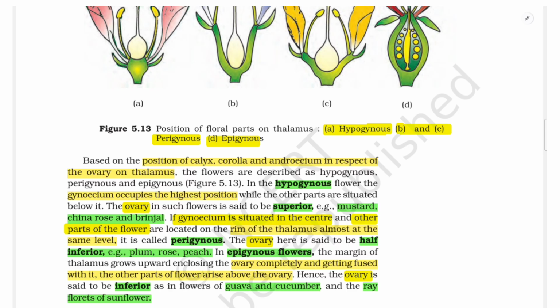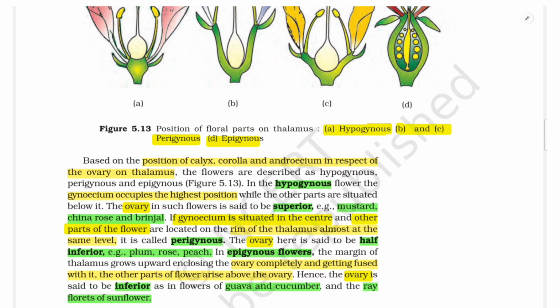If gynoecium is situated in the center and the other parts of the flower are located on the rim of the thalamus almost at the same level, it is called perigynous. The ovary here is said to be half inferior, example: plum, rose, peach. In epigynous flowers, the margin of thalamus grows upward, enclosing the ovary completely and getting fused with it.